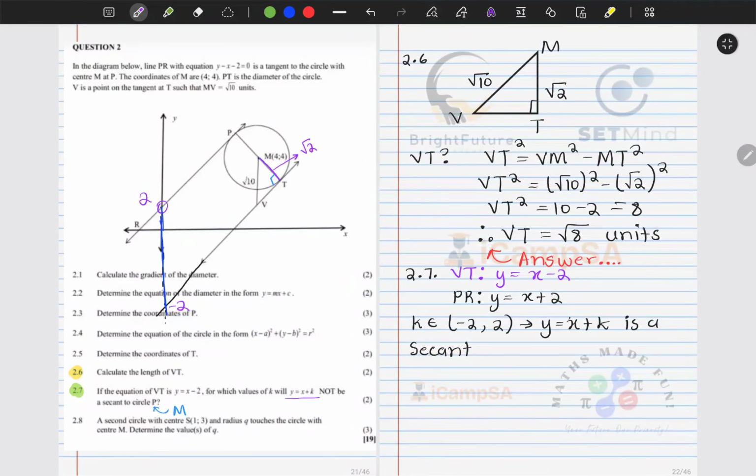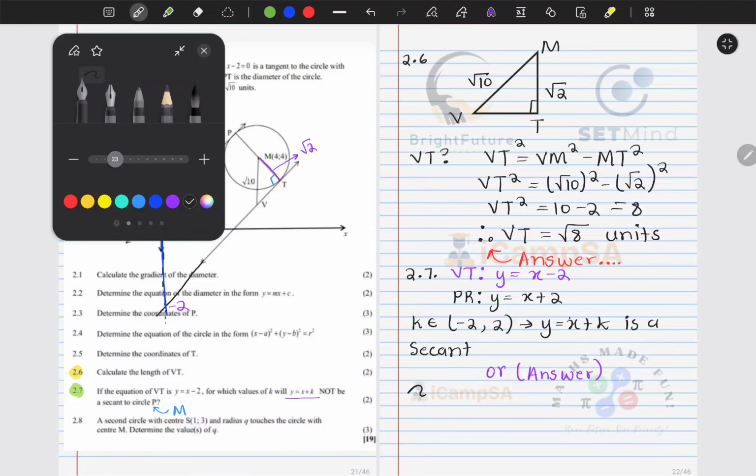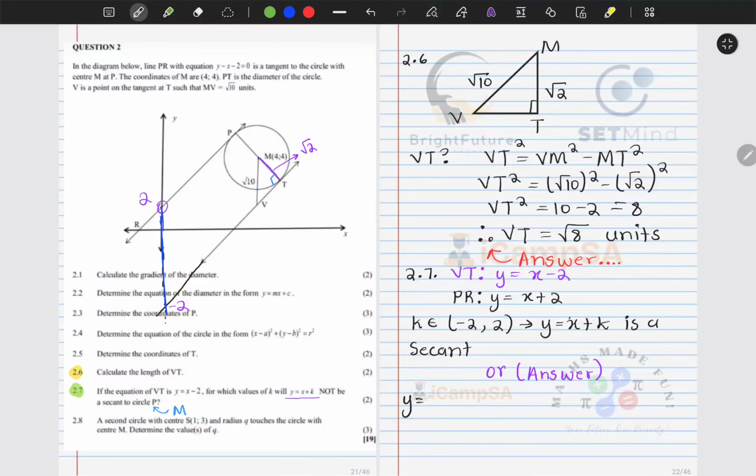Alternatively, which is our answer, we can say that y equals x plus k is not a secant when k is greater than 2 and k is less than minus 2.